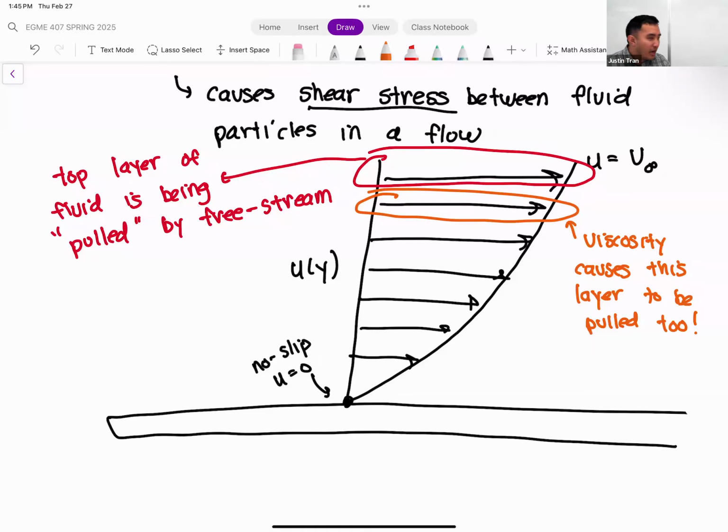Because the top layer is like, oh my God, we're moving with the velocity of u infinity. I don't want to go alone, so let me grab my buddy right underneath me and we'll go along as well. And so the velocity on the second layer is slightly lower, but it still has a velocity because it's being pulled by the top layer.